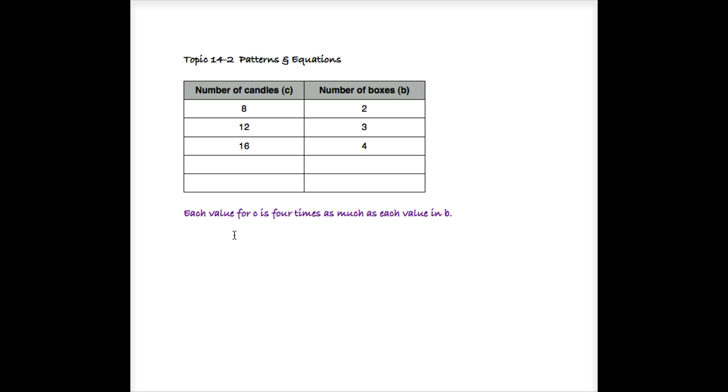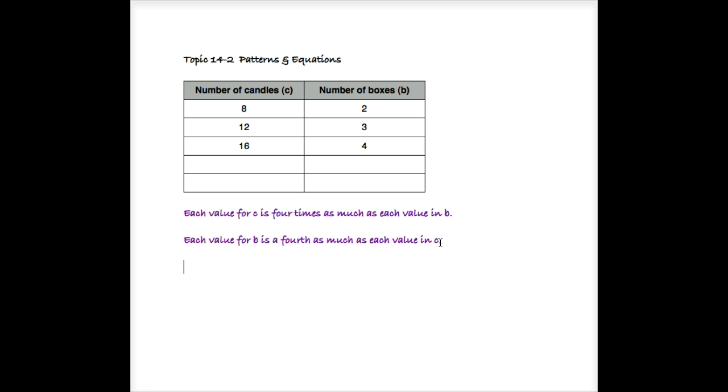And then we could also write it that each value for B is a 4th as much as, let's see, each value in C. Oh, and maybe I should add a V there. So there, that's how we can write it out. So here, each value for C is 4 times as much as value in B, or we could write each value for B is a 4th as much as each value in C.